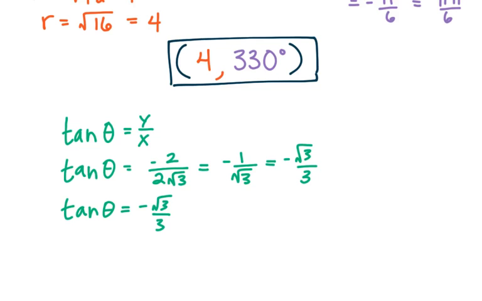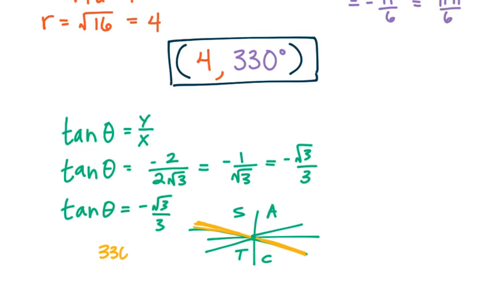We know that tangent theta is root 3 over 3 at one of these 30-degree angles. And thinking about All Students Take Calculus, it will be in quadrant 4 or quadrant 2, so that would either be 330 degrees or 150 degrees.